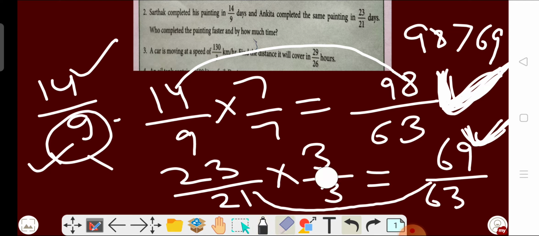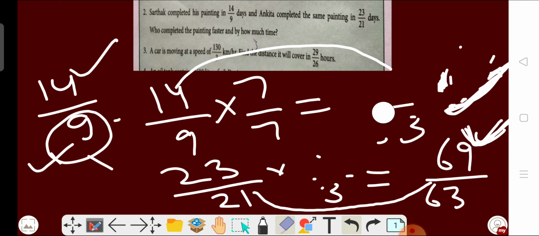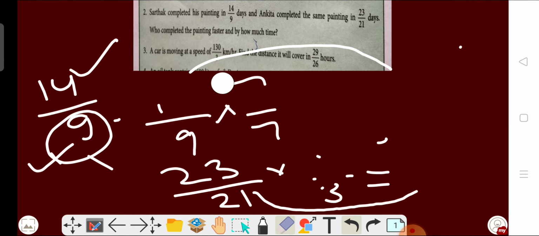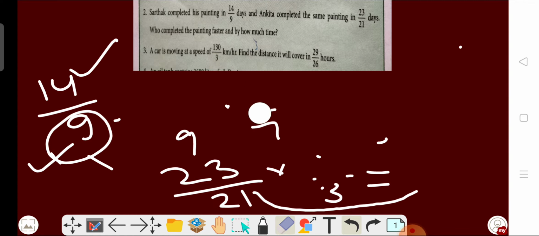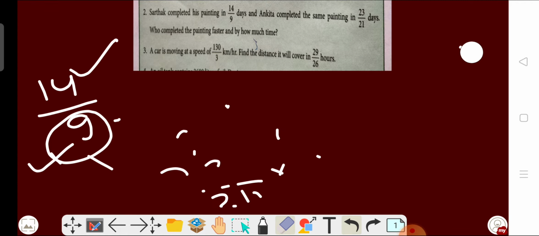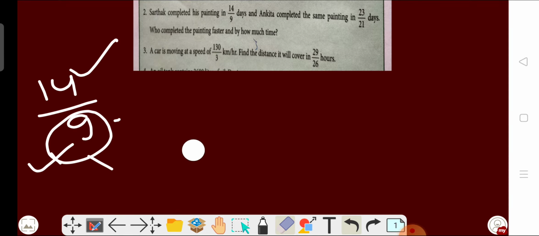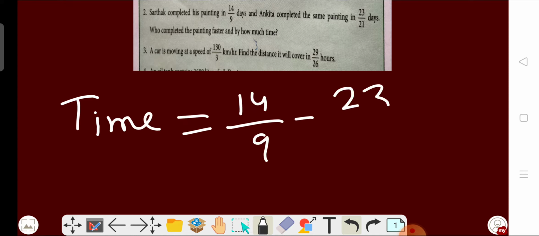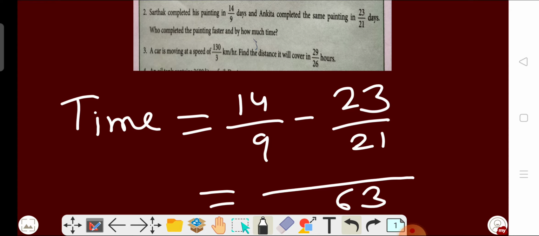Now what do we have to find? Now we have to find the difference. To find the difference, we have to subtract the smaller number from the greater. The smaller number is 23/21. So the time is equal to 14/9 minus 23/21. Again the LCM is the same, that is 63. When we divide 63 by 9, what will come? 7.